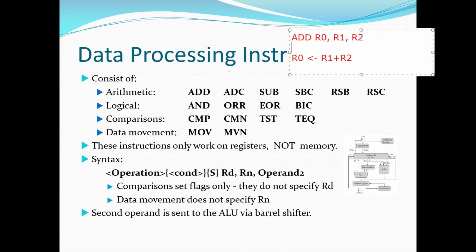If my result overflows, assuming the numbers are signed operands, then the overflow flag will be affected. But in your ARM processor, as I mentioned, this simple ADD will not affect the flags. If I want to affect the flags, you have to add the letter S to the opcode. This is my opcode, and this is the extra letter added, which confirms the saving of the status, the N, Z, C, V flags in CPSR.